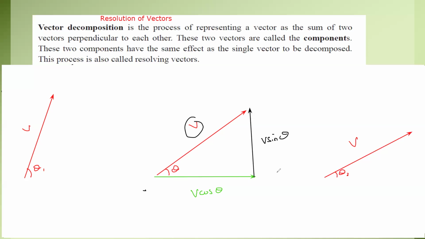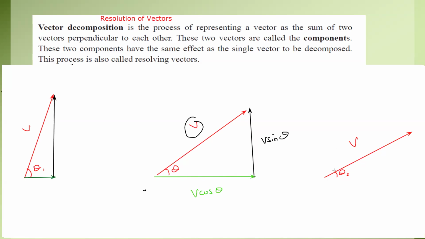So now what will happen if we do the components, the horizontal and the vertical component? So this will be the horizontal, and this will be the vertical. So this is representing the horizontal component, this one is the vertical.